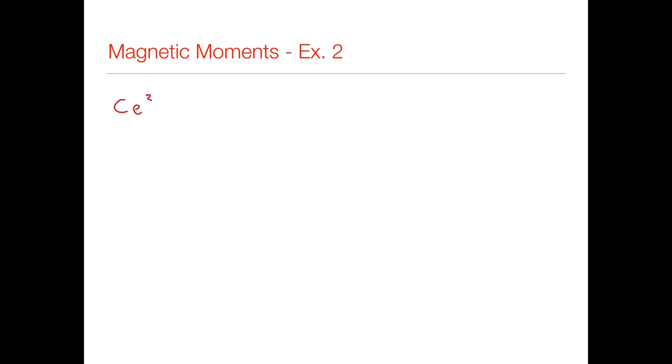Okay, so we've all got them on the same page. Cerium 3+. This was L is 3, S is a half, J is equal to 5/2. Okay, so if you want to pause and then just see if you can calculate both G and the magnitude of M.